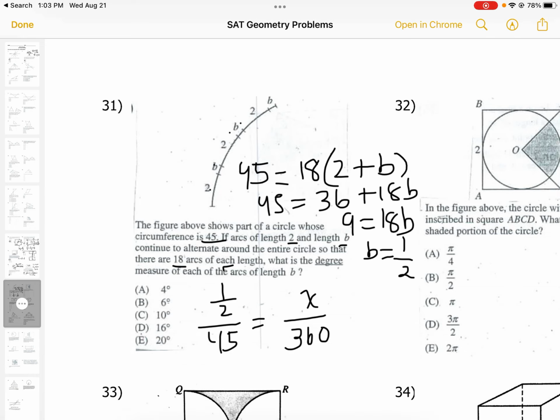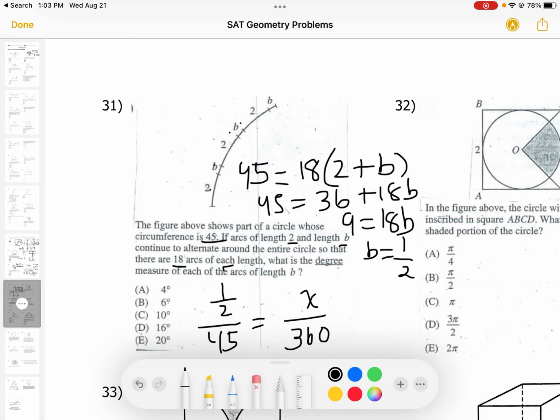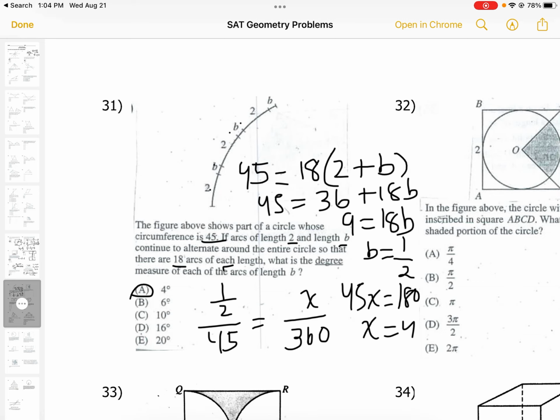It'll be the same proportion because there's 360 degrees in a circle, right? These two proportions will be the same. So we can just solve this proportion. We can cross multiply. We get 45x is equal to 180, and that means x is equal to 4. So it's 4 degrees for each arc of length b, and that's our answer.